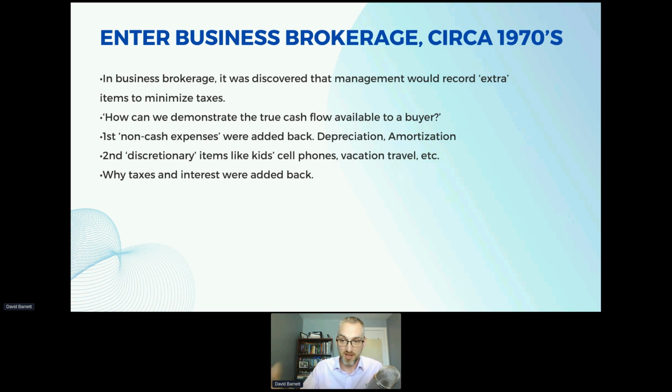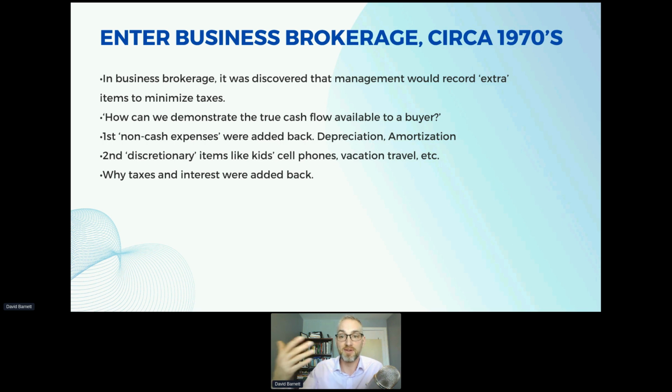But then when they wanted to sell the business, of course, they wanted to be recognized for all of those earnings. They wanted that to justify the asking price that they were looking for. So the question was, how do we demonstrate the true cash flow available to a buyer? The first thing that business brokers would do is add back what they would call non-cash expenses like depreciation and amortization, because theoretically, when you see depreciation on a P&L or an income statement, it's not a bill that you got that you had to write a check for.